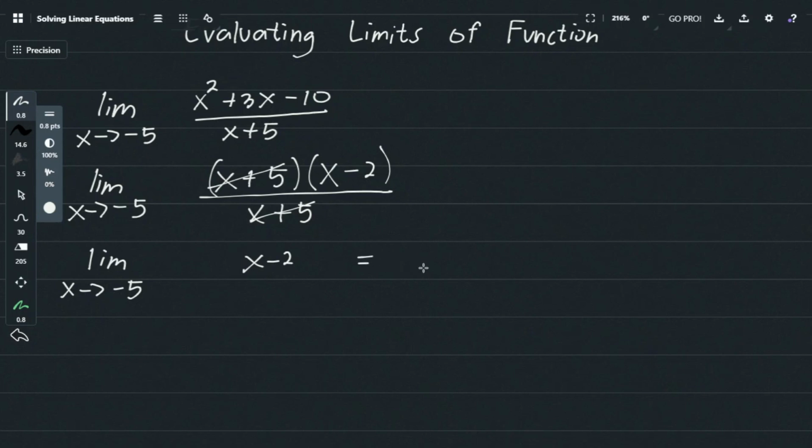So we're just going to substitute the value of x, which is negative 5. So we have negative 5 minus 2 is equal to negative 7. So the limit of x squared plus 3x minus 10 all over x plus 5 as x approaches negative 5 is equal to negative 7. So this is the correct answer.